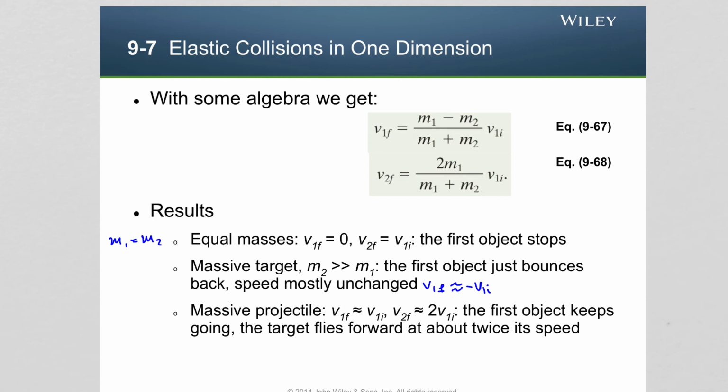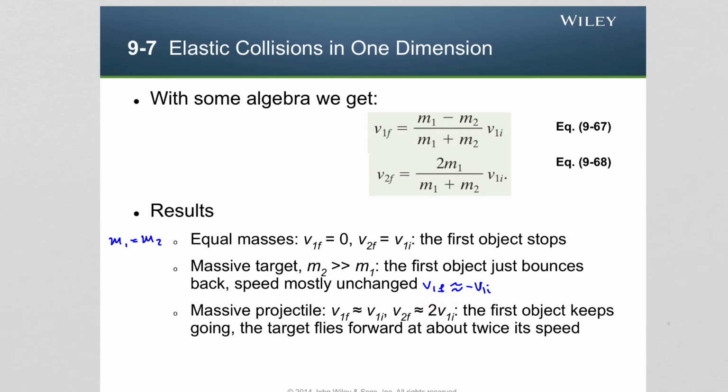So you can think of this situation, for example, as a collision between a golf ball and a cannonball. The golf ball hits the cannonball and it bounces right back in the same direction from which it came, and the velocity with which it's going to go back will be approximately the same as the velocity with which it was initially moving.